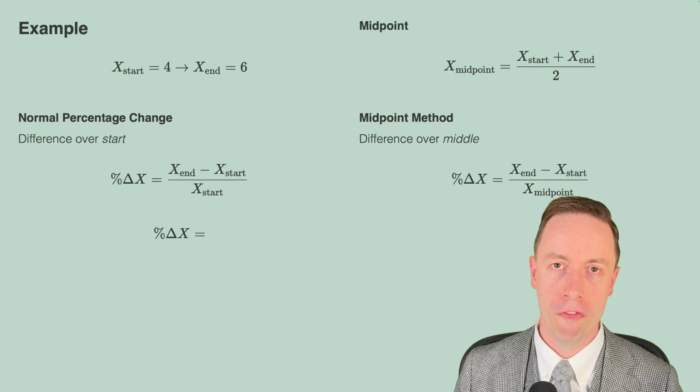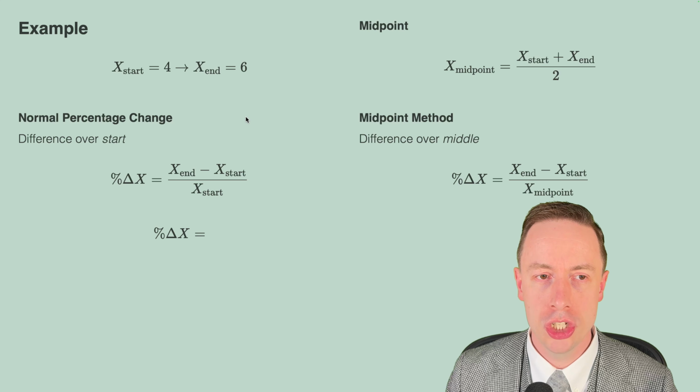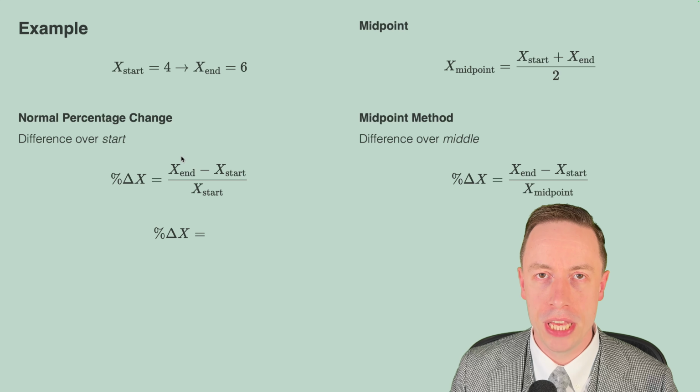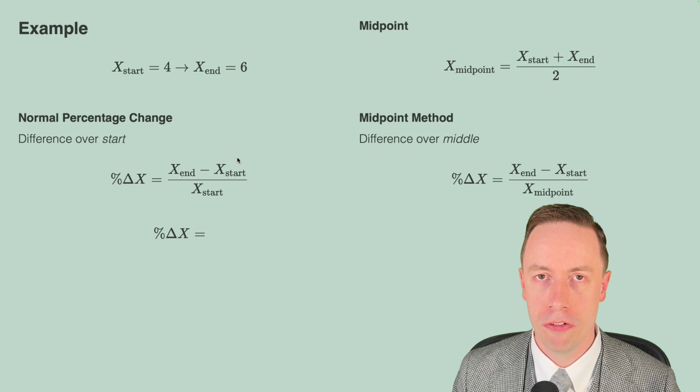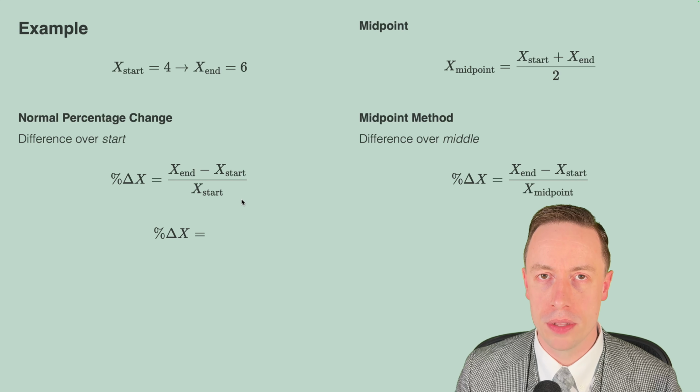So we're going from 4 to 6. Normal formula for percentage change. We take the end where we arrive, 6, minus the beginning, 4, start, and then divide by the start.